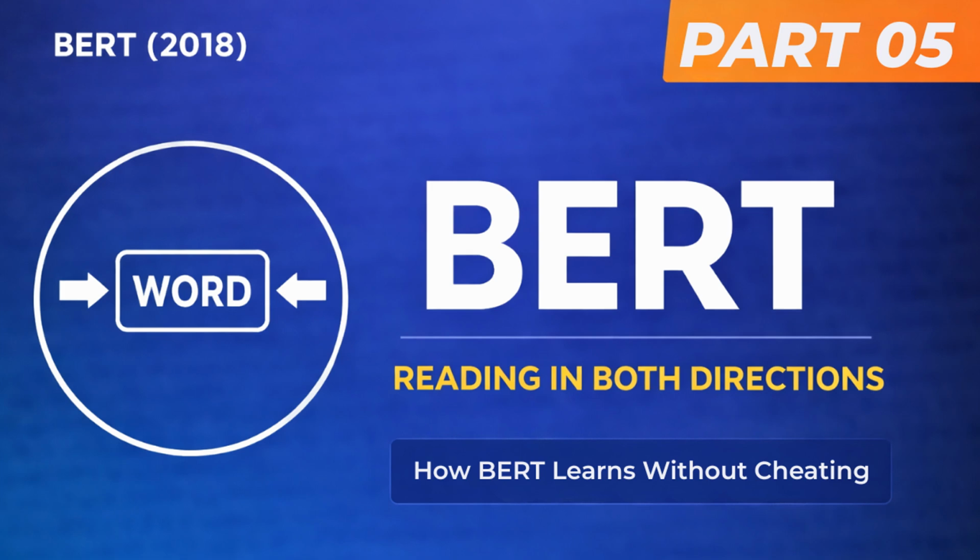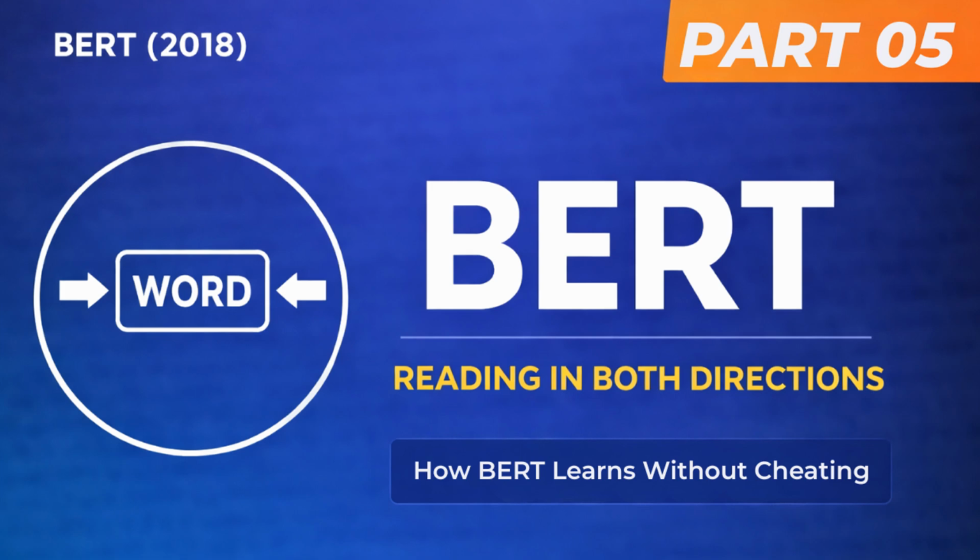So if you trained with mask 100% of the time, the model could become dependent on a very obvious cue: a token is missing here. The 80-10-10 rule prevents that. The random token 10% teaches the model that sometimes the input is wrong, and context has to override what it sees.